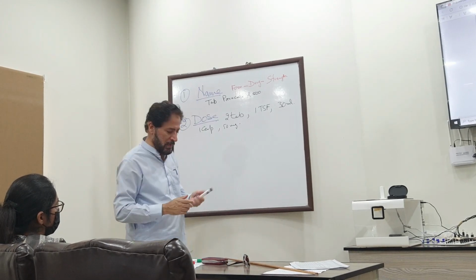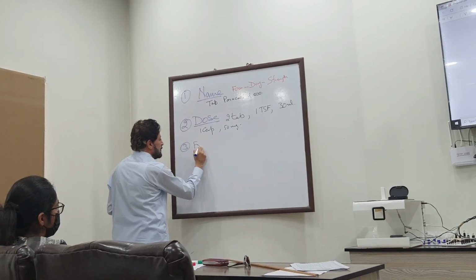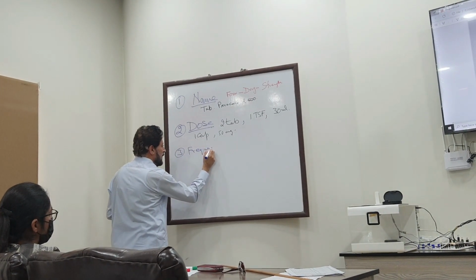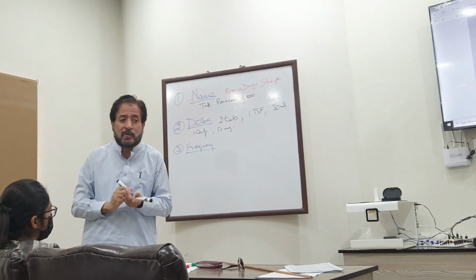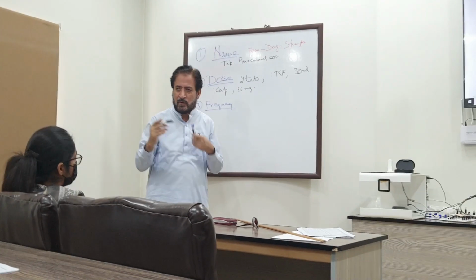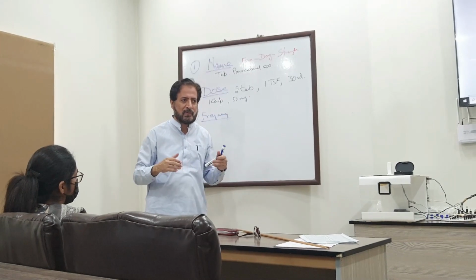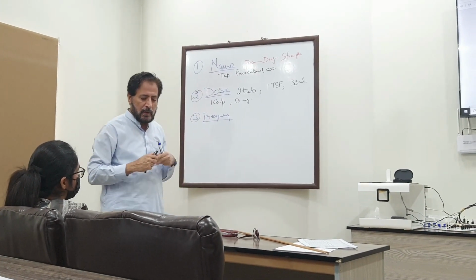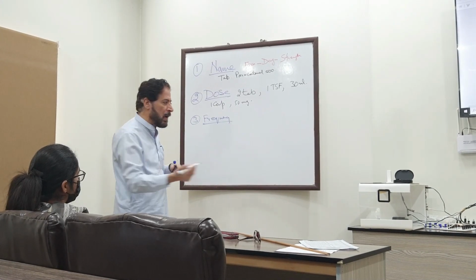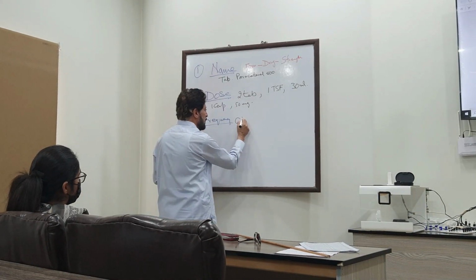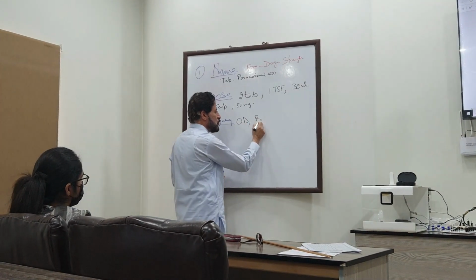The third thing that we write is frequency. How often? I want to give 2 tablets of paracetamol, but how often? And you know that there are certain codes that we use, and doctors connect very nicely with it, and nursing staff know that as well. So commonly used frequency terms are, for example, OD, which means once a day, or it can be BD, which means twice a day.